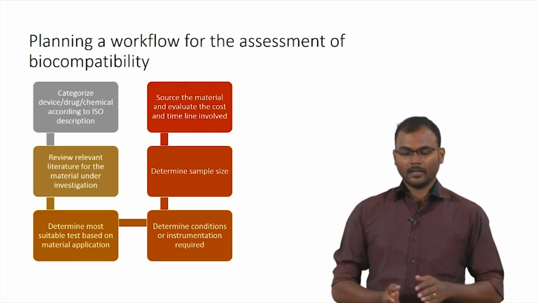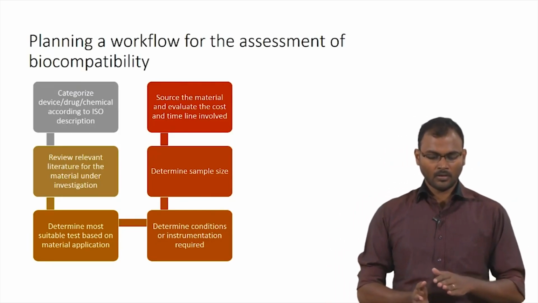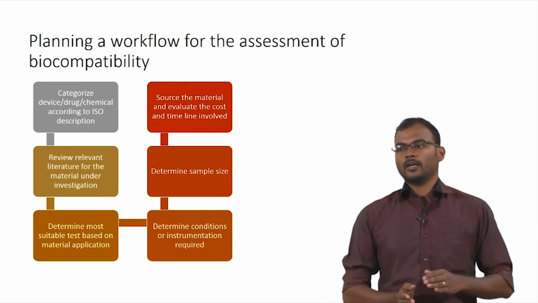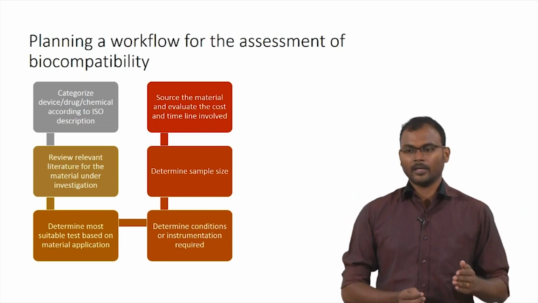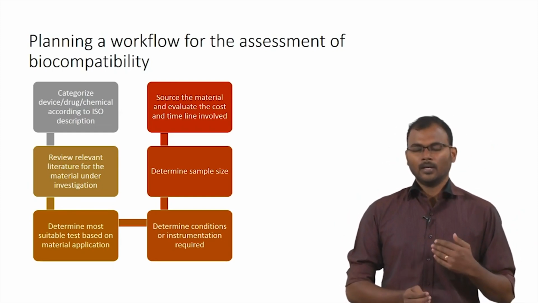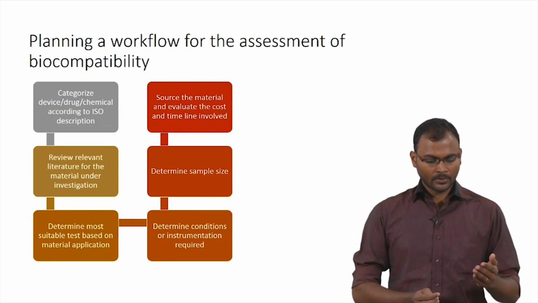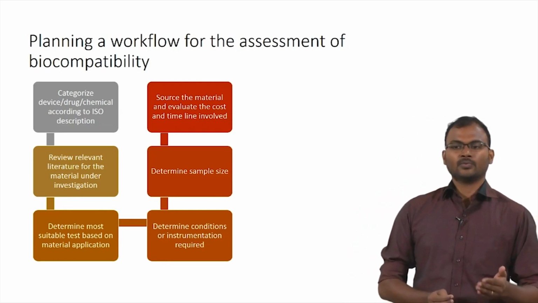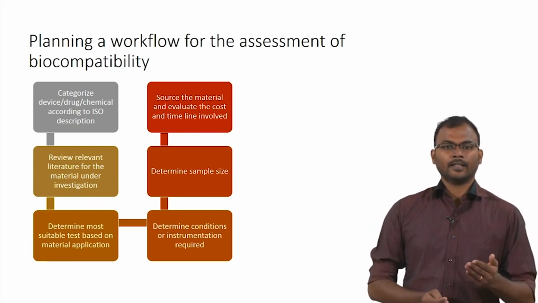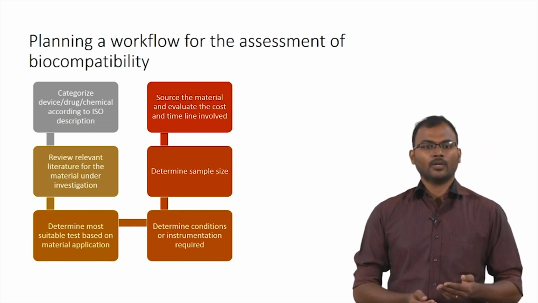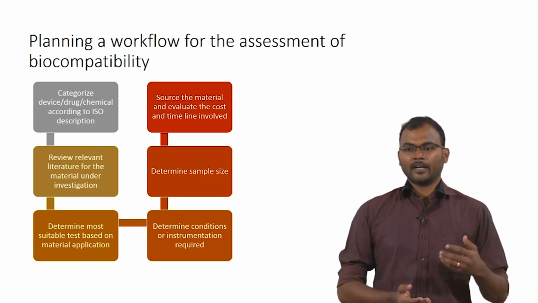Here is an overall flow chart for how you can plan producing a material. First, you have to categorize what type of device it is: either an orthopedic implant, a wound dressing material, hydrogels, or nanoparticles.